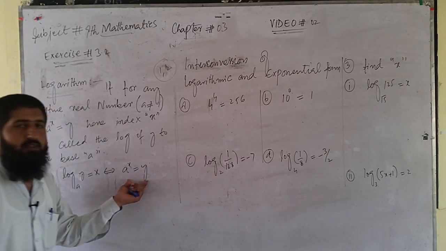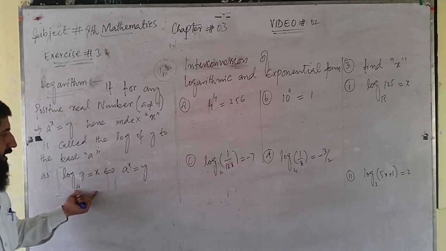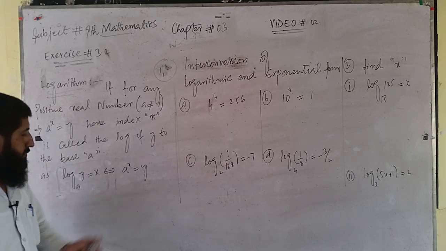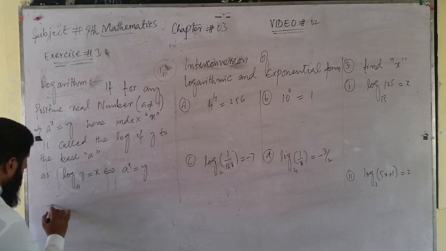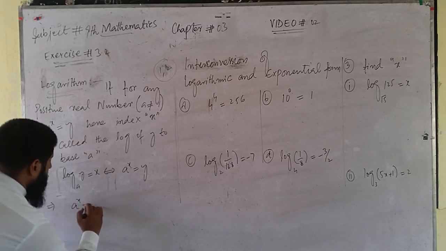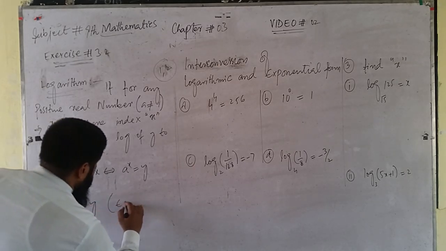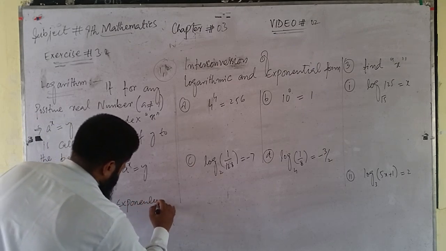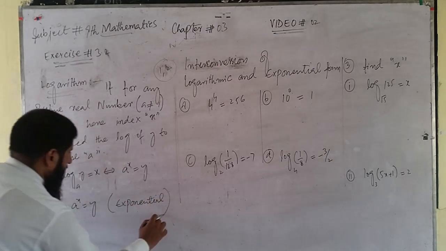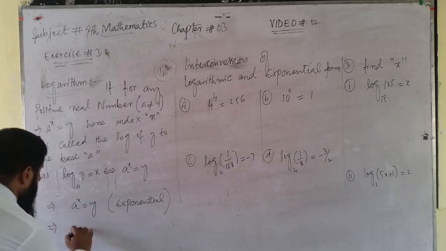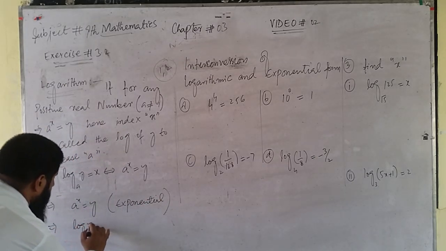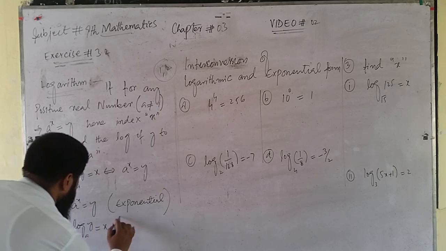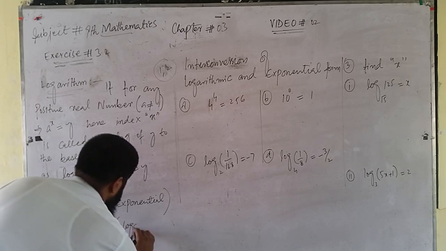They are different ways of expressing the same relation among the numbers. The form a power x equals y is called exponential form, and the form log of y to the base a equals x is called logarithmic form.